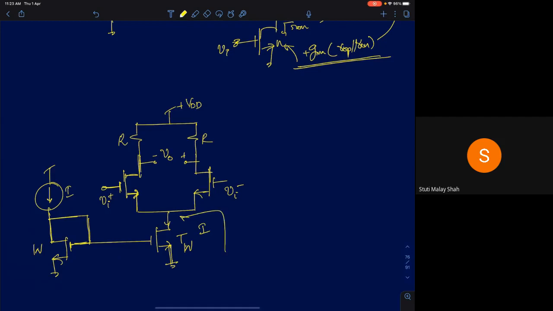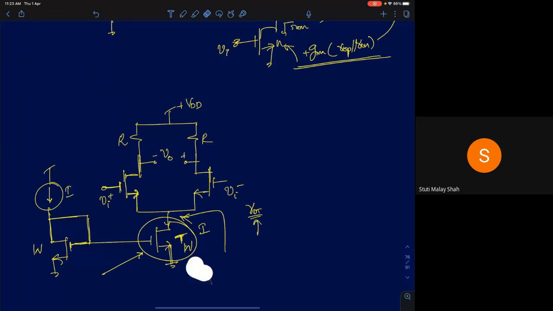So what is the output resistance of this current source? Let this transistor be T. So T is this transistor. What will be the small signal output resistance? It's going to be small r_o,T. So this is going to be ROT.